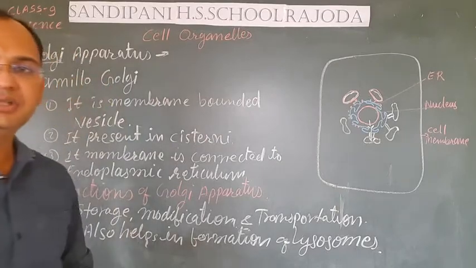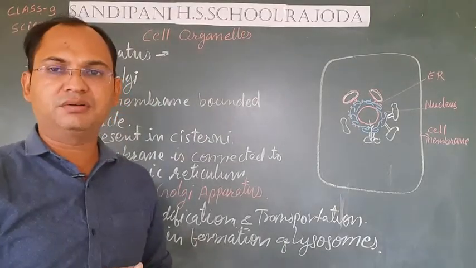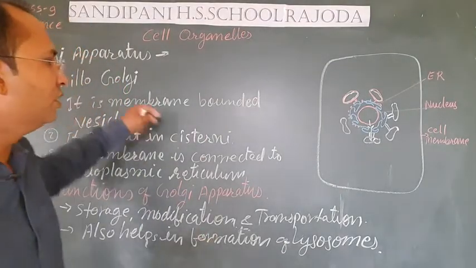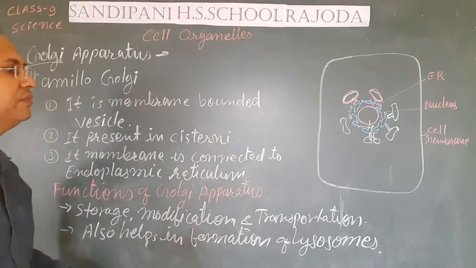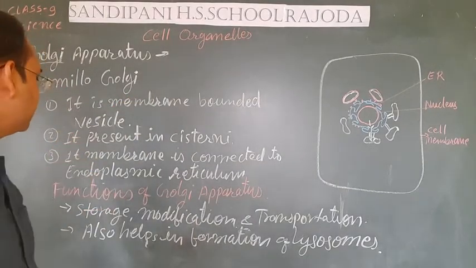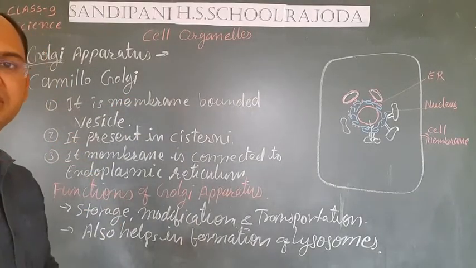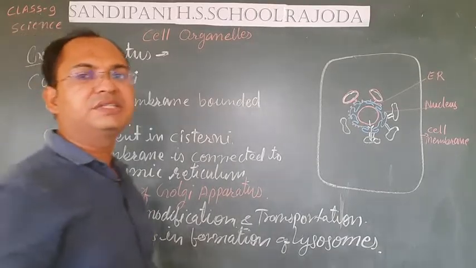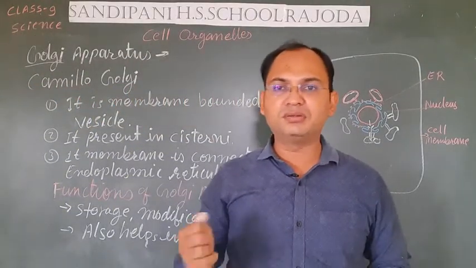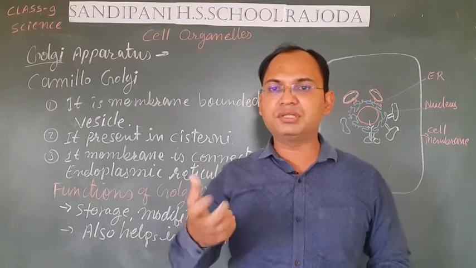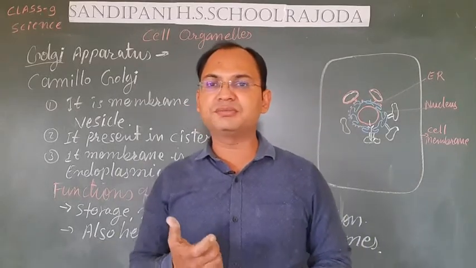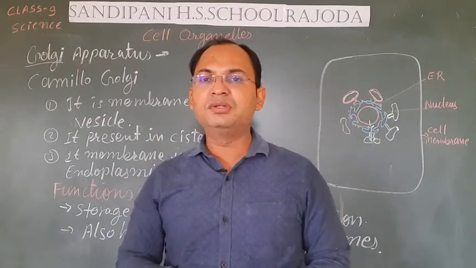Lysosomes are actually another type of cell organelle. So, students, these are the main functions of the Golgi apparatus. Another important function is that sometimes the Golgi apparatus stores sugar substances or simple sugars and converts them into complex sugar.